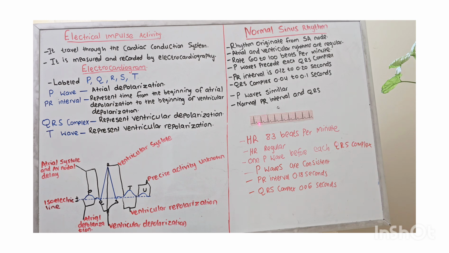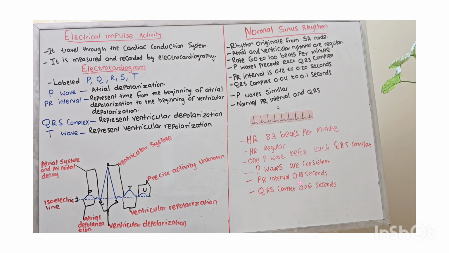You see, it's one P wave here, one P wave here, one P wave there, one P wave there, one P wave there. P waves are consistent. You see the P waves are the same.